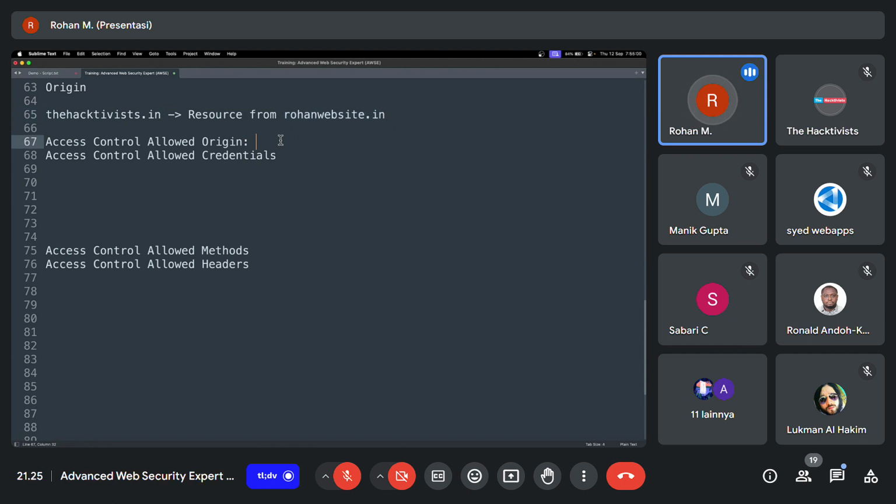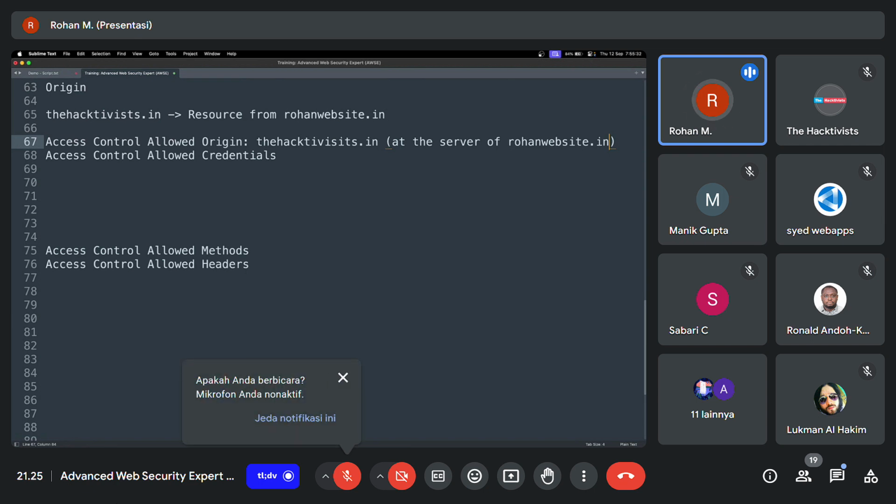The developers will be setting access control allowed origin to the hacktivist.in, like this. So now what does this mean? It means that whenever any of the requests come to Rohan website.in wherein in the origin the hacktivist.in is written, it will be allowed to read the response.